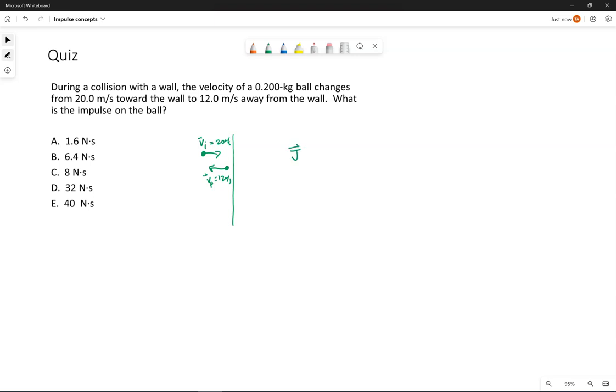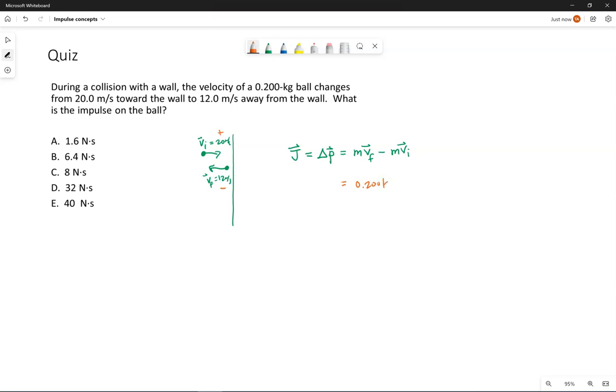Impulse, in this case, because I've been given mass and velocity, I would use the relationship that impulse is the change in momentum, meaning mv final minus mv initial. In this coordinate system, v initial is positive, v final is negative.